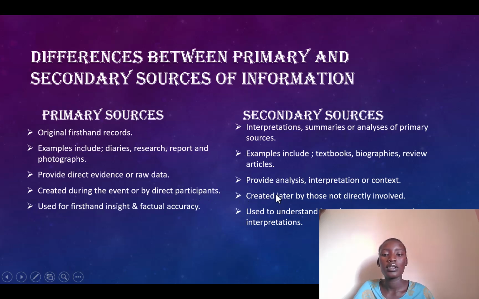Then the secondary sources are created later on by those who were not directly involved at the place where the event was taking place. The primary sources of information are used for first-hand insight and factual accuracy, while the secondary sources are used to understand broader perspectives and interpretations of information.